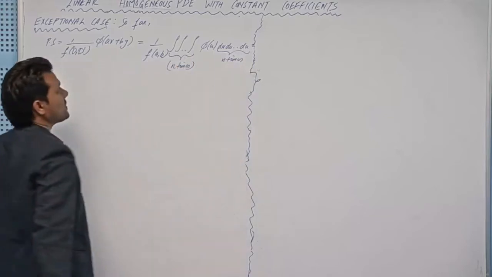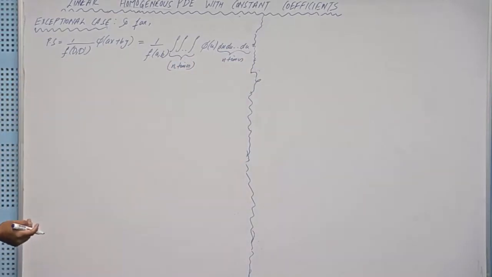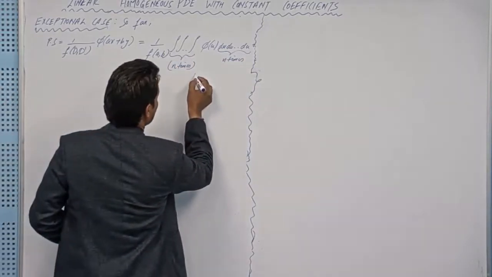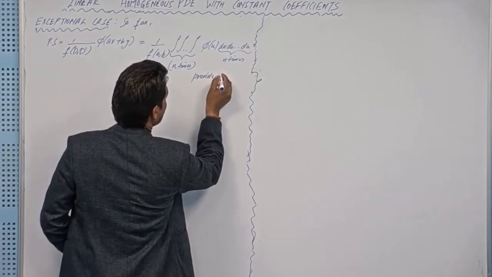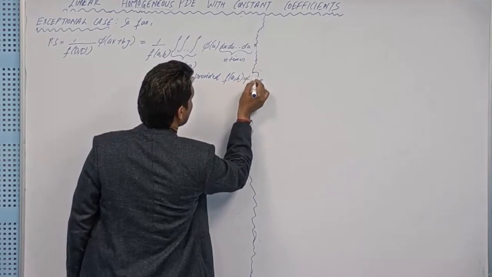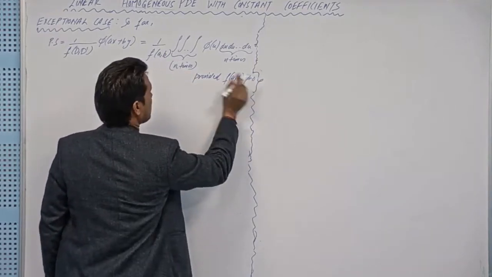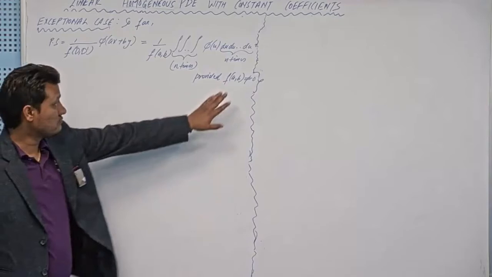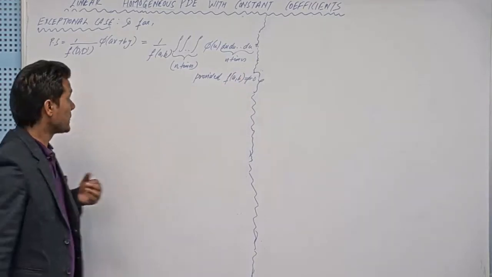We did this case in the last video, and the condition we mentioned was provided f of a comma b is not equal to 0. This formula is valid if and only if f of a comma b doesn't go to 0.